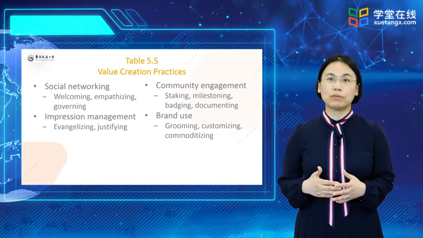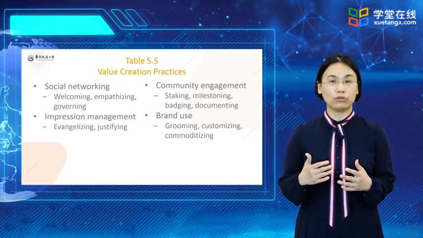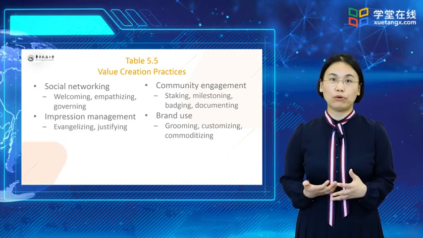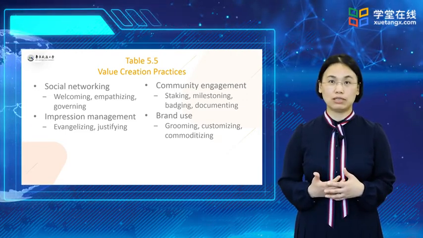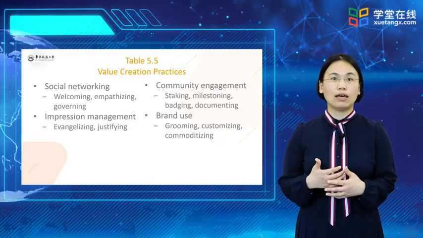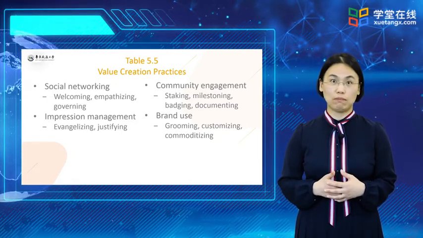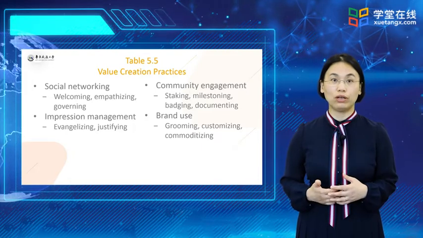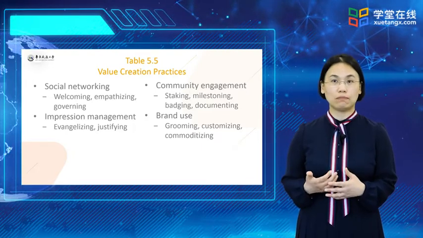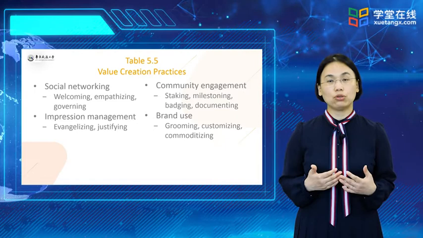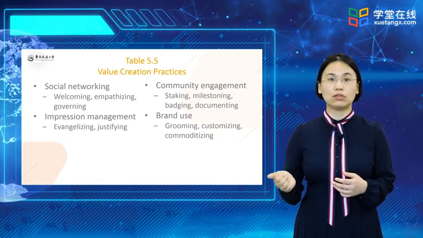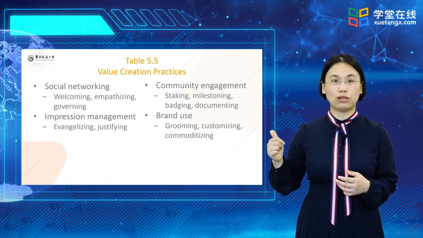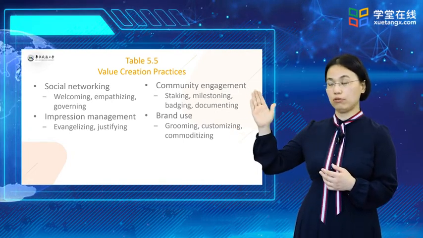Using multiple research methods such as ethnographic research with online forums, participant and naturalistic observation of community activities, and in-depth interviews with community members, the researchers found 12 value creation practices taking place. They divided them into 4 categories: social networking, community engagement, impression management, and brand use, summarized in Table 5.5.